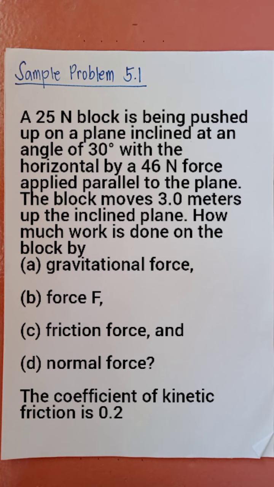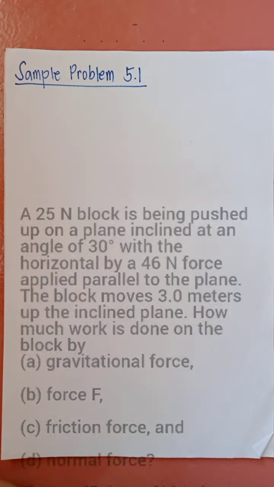Alright, so we have here the coefficient of kinetic friction represented by mu sub k, given 0.2. Now, before we start with the solution, we will first have to summarize the given quantities that we are going to use in the solution.